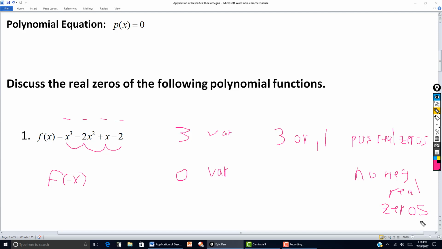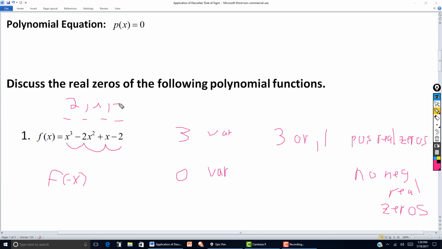So like I said, you could have a combination of real zeros and non-real zeros, or imaginary zeros. So just to show you, in this particular case, if you were to solve this equation using standard techniques, you would find that the zeros for this polynomial are 2, i, and negative i.